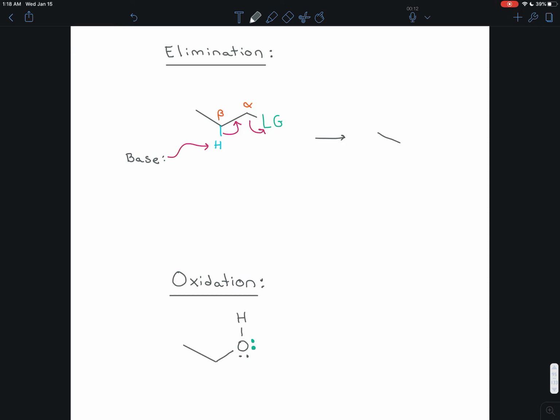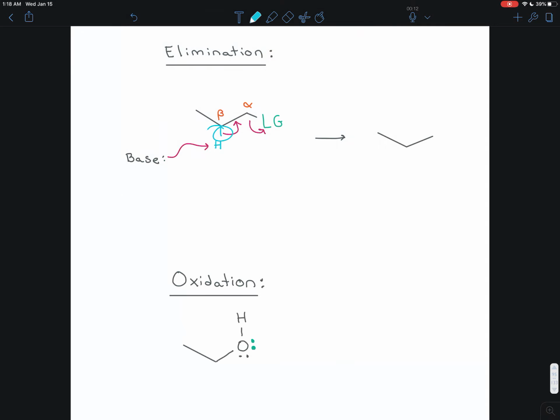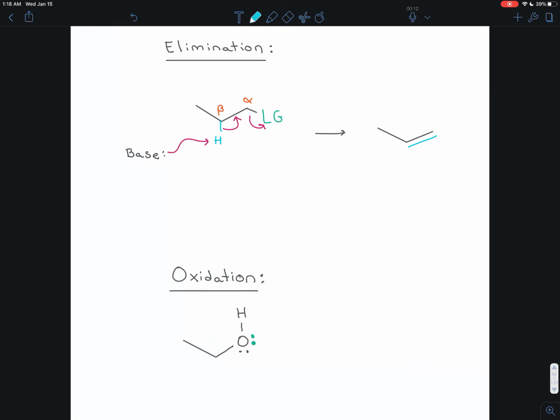But notice what you end up getting at the end here is a pi bond. The electrons from this beta hydrogen form a pi bond between the alpha and the beta carbons. Okay, so you form that pi bond there.